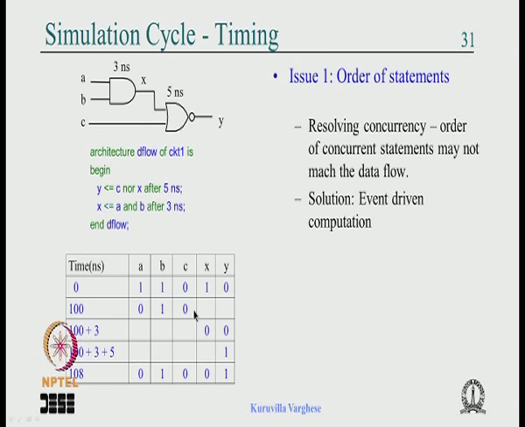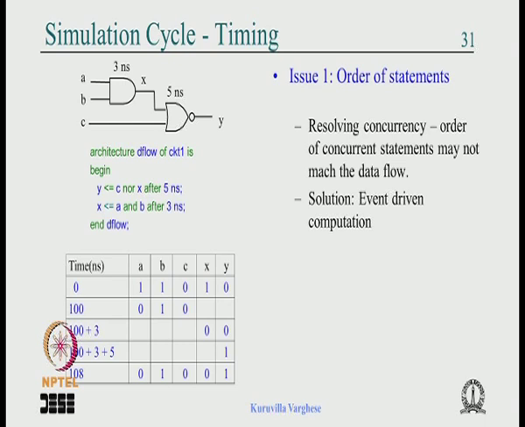And so this shows essentially how a simulator resolves the concurrency from the sequentially written statements. It is a very simple idea, not a very complicated idea, but the simulator may have to do quite a lot of computation, but the idea is very simple.